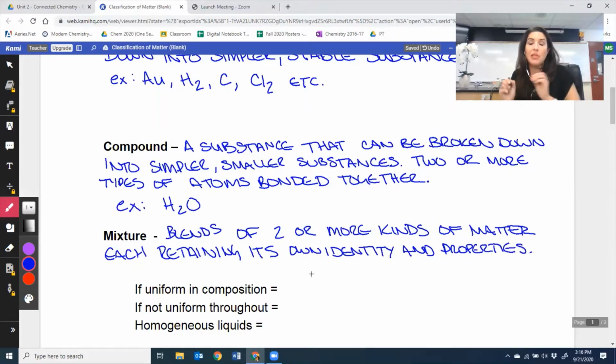We have a couple of different examples of mixtures. If you have a mixture that is uniform in composition, that is to say it's the same throughout, we call this homogeneous. If it is not uniform throughout, if it's got areas that are a little bit different in one phase or another, one stage or another, we call these heterogeneous.